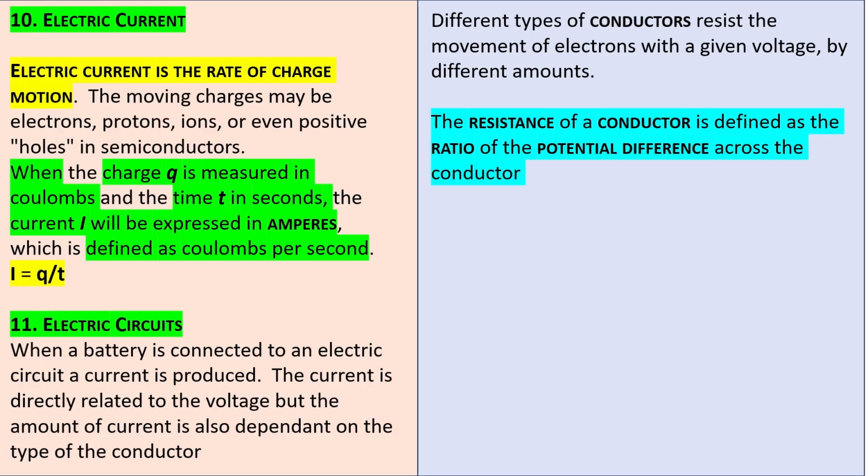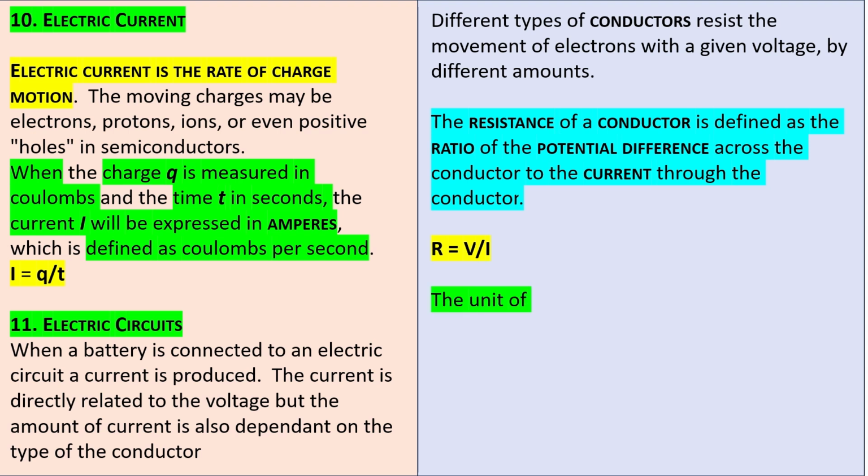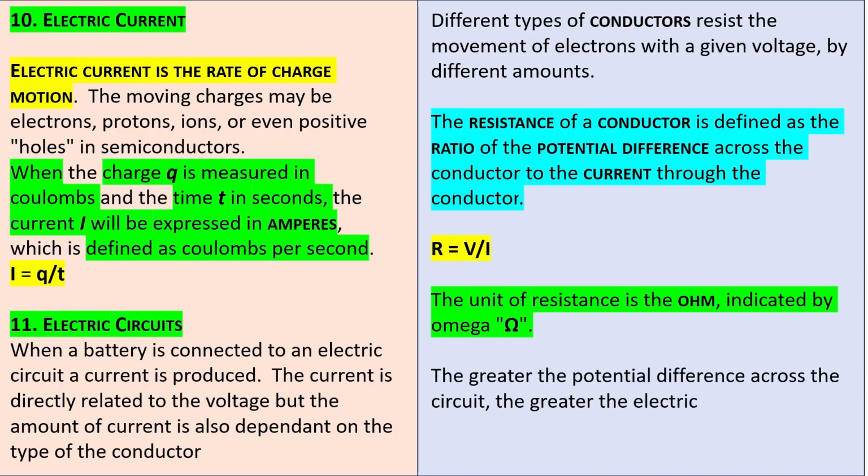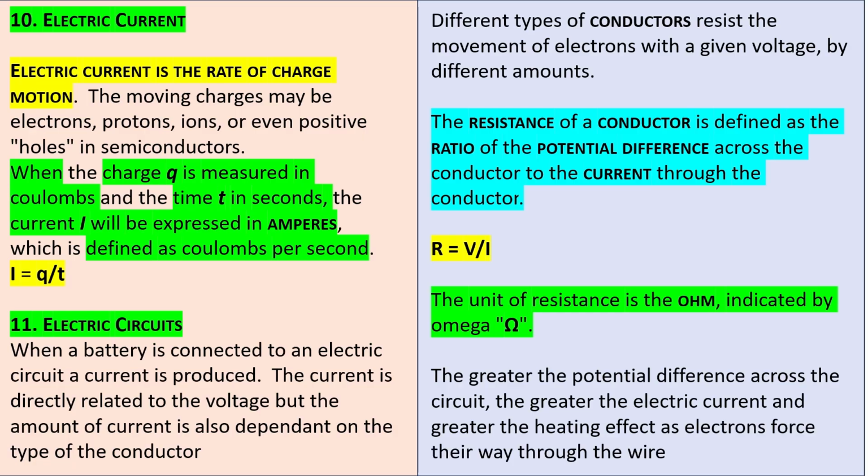The resistance of a conductor is defined as the ratio of the potential difference across the conductor to the current through the conductor. R is equal to V over I. The unit of resistance is the ohm, indicated by omega. The greater the potential difference across the circuit, the greater the electric current and the greater the heating effect as electrons force their way through the wire.